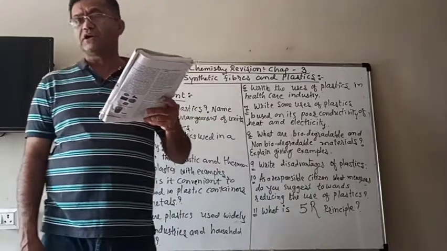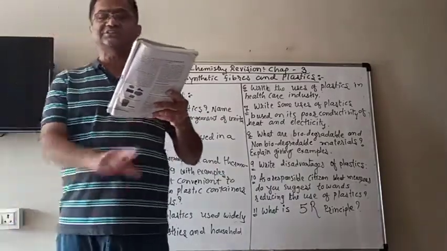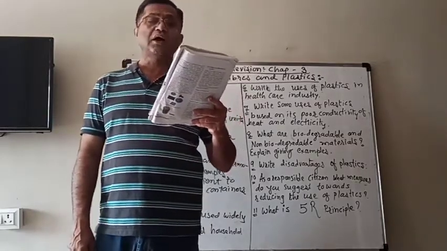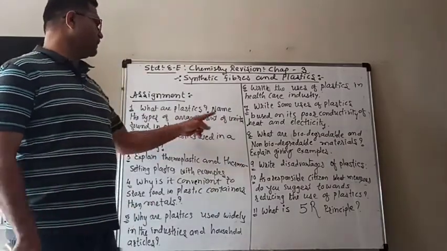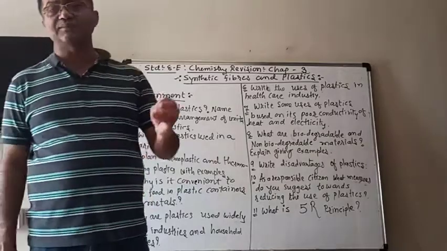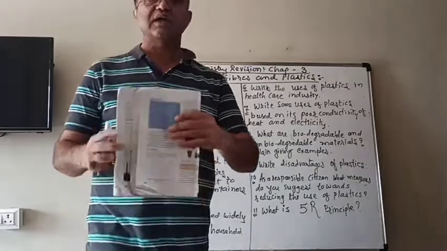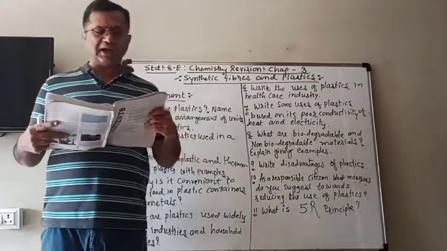In some of them you find linear links. Linear means in the same line, but there can be cross links also. So the two types of arrangement of units found in plastic are linear and cross linked, as shown in this figure. The first is linear, and the downward one is cross linked.